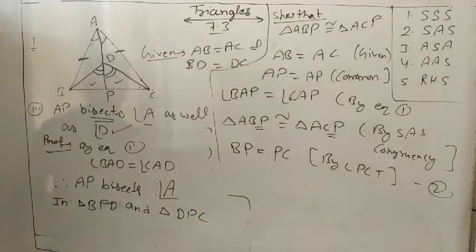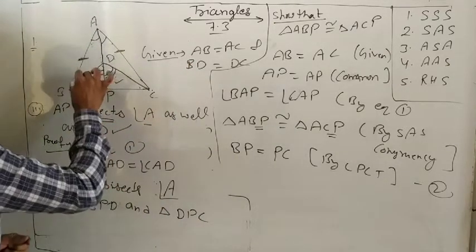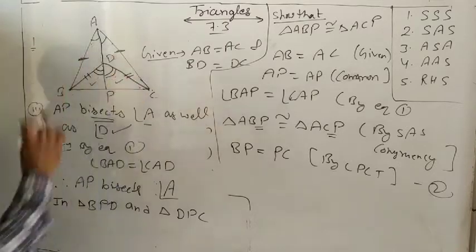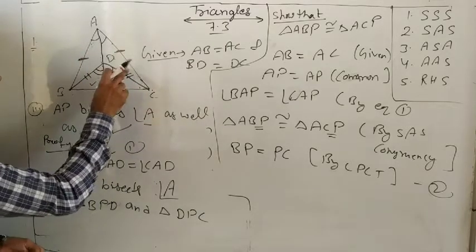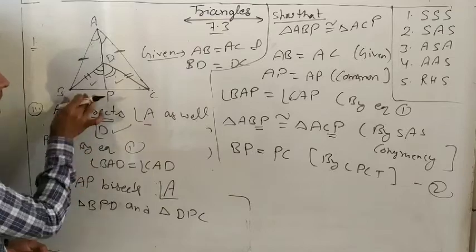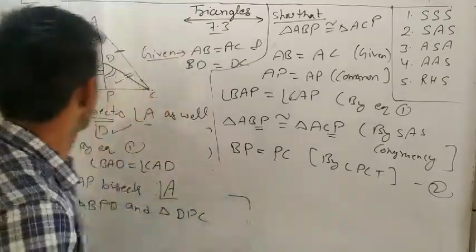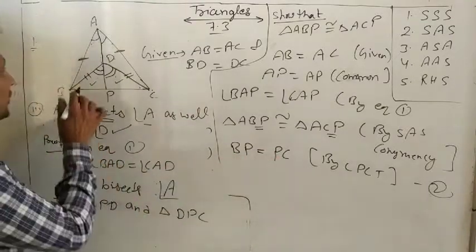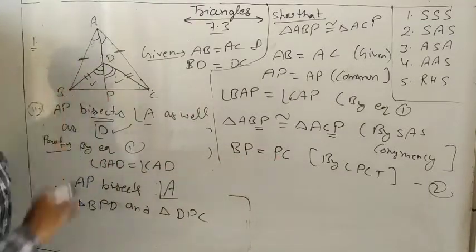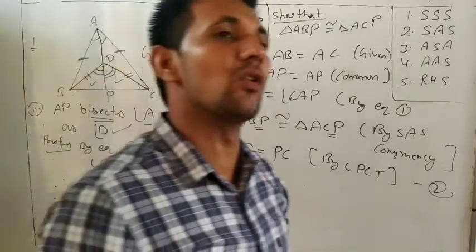In DPC, we are already given BD equal to DC, DP is common and BP equal to CP. In the second part we already proved BP equal to PC. So these two triangles are also congruent by side.